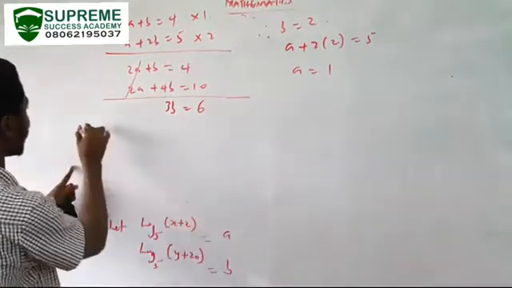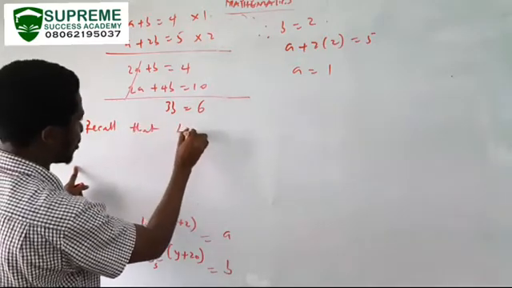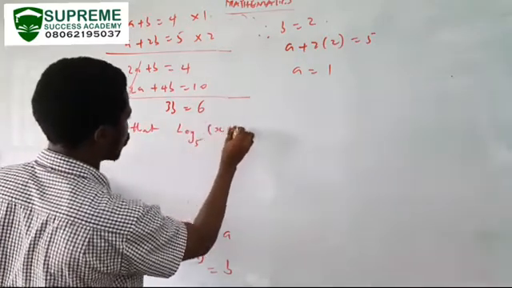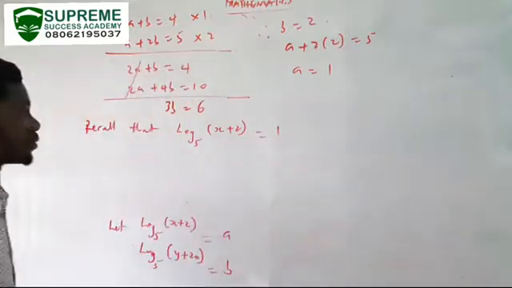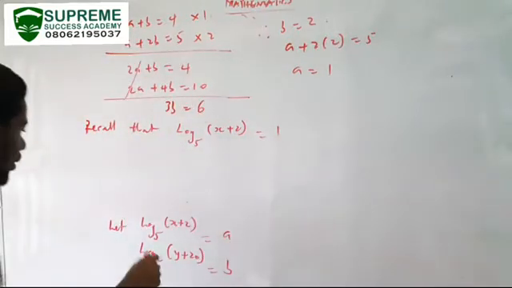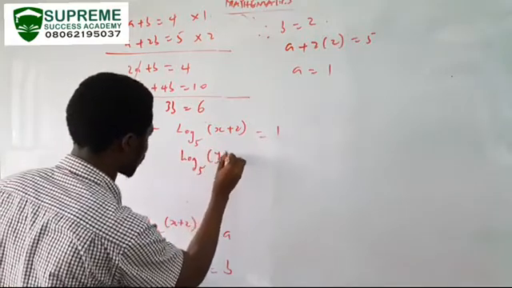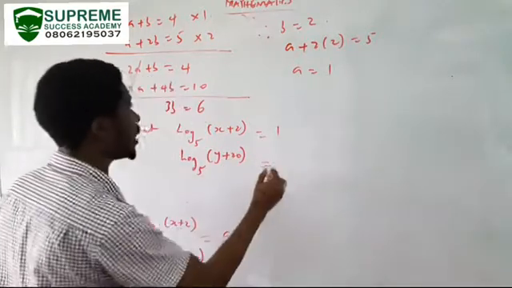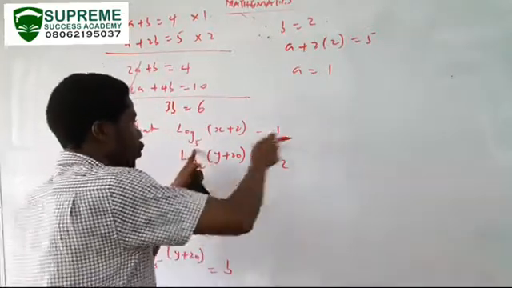So you have to recall that log 5 raised to the power x plus 2 equals A. What's our A? A is 1 in this case now. Can you remember? So then also this one is log 5 raised to the power y plus 20 equals B. What's B now? 2. Good. Let us solve this. You remember the theory of logarithm? This one will come here.